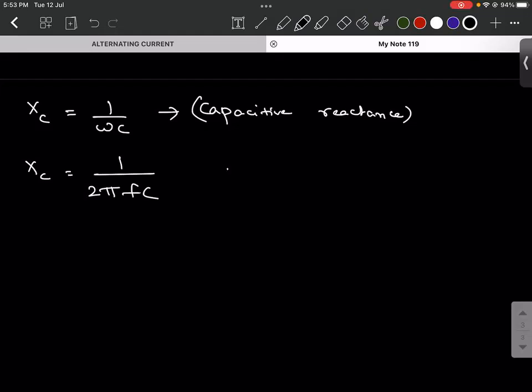For direct current, what is the value of frequency? It is 0, because direct current is not going to oscillate at all. It is going to have a fixed value. It's a straight line basically. So when f is equal to 0, what will Xc be equal to?